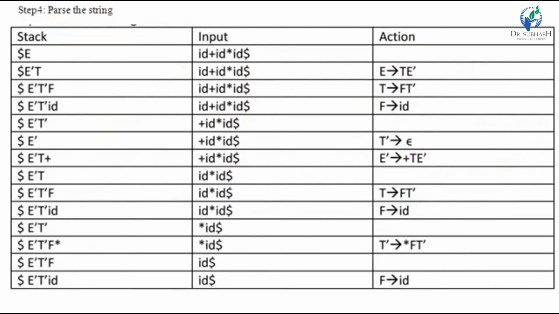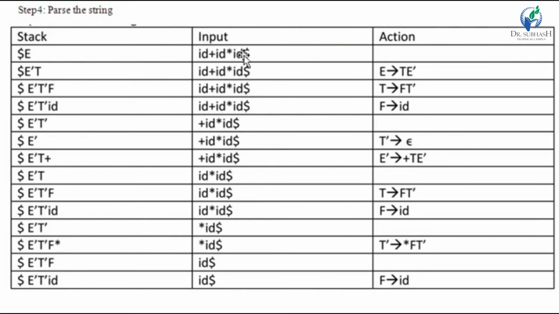Next, step 4, parse the input string. For example, your input string is ID plus ID star ID and dollar. Is this input string valid for this grammar or not? How to check? First, draw a table with stack, input and action.